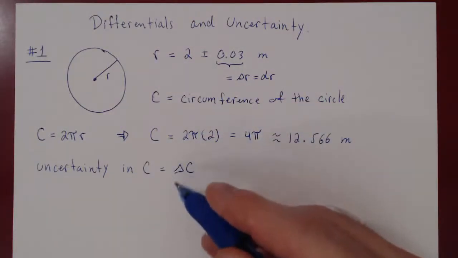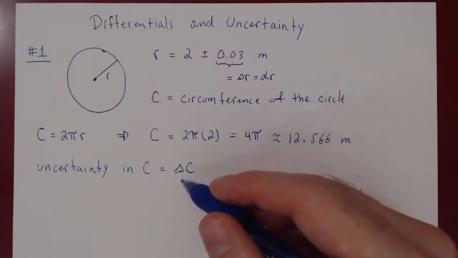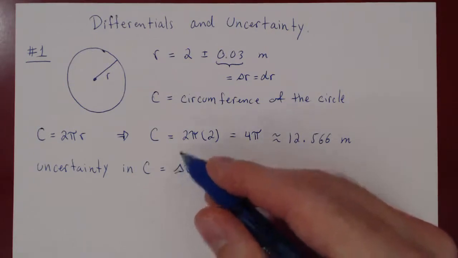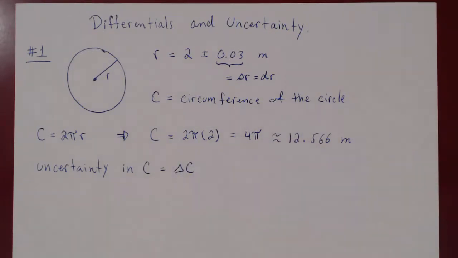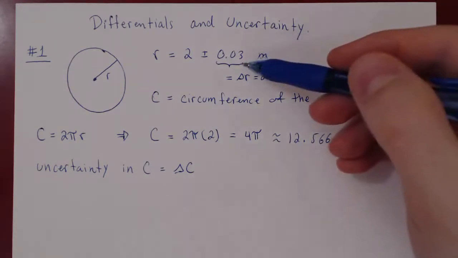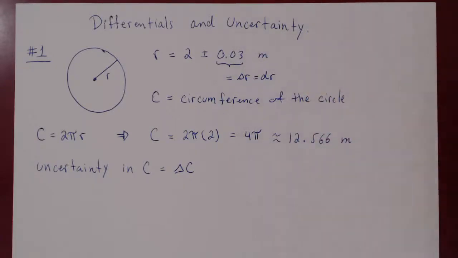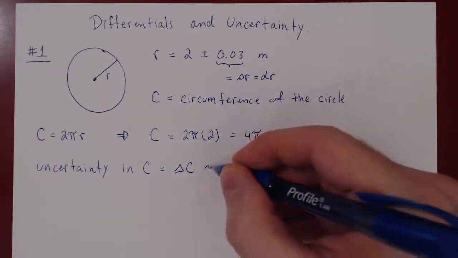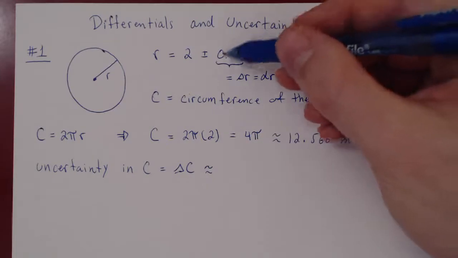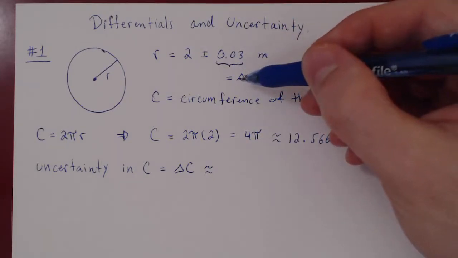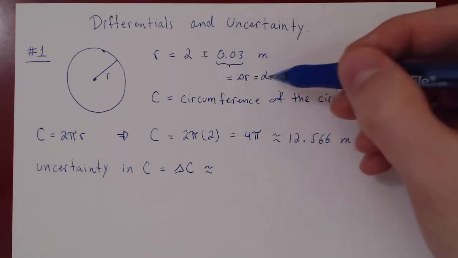And instead of finding this exactly, we'll approximate this with the differential. And this makes sense because it doesn't make sense here to talk about exact uncertainty because an uncertainty is not exact by definition, right?